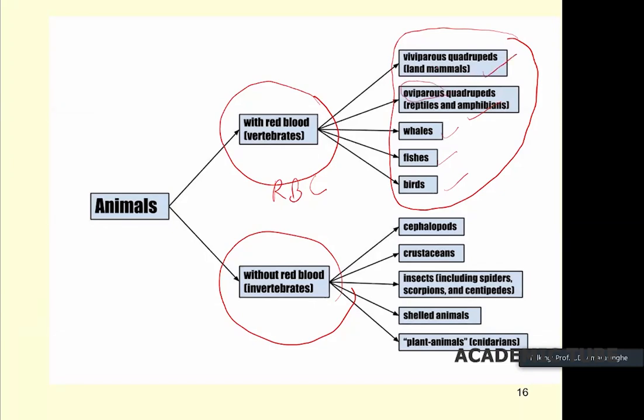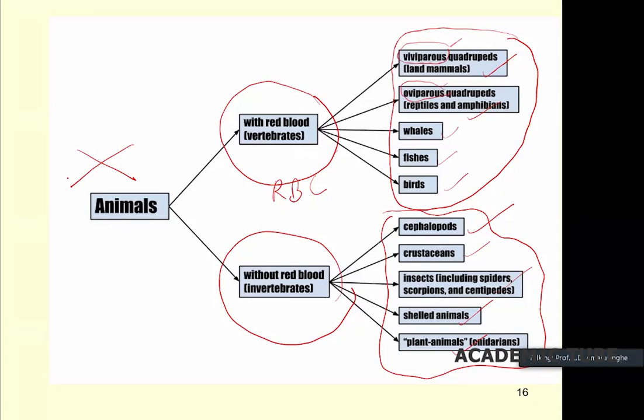Oviparous means egg laying, viviparous means live birth. Those included animals having red blood cells. The invertebrates, which do not have red blood cells, were in this category: cephalopods, molluscans, crustaceans, arthropods, then insects among the arthropods, then shelled animals like molluscans, and the plant animals we call cnidarians. That is the old classification, which we do not consider nowadays.